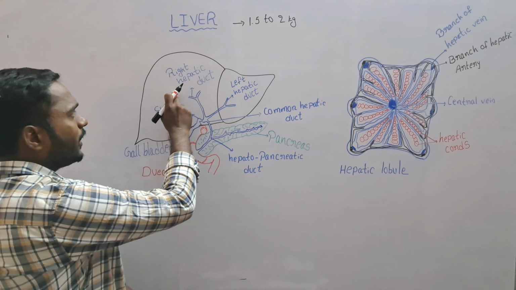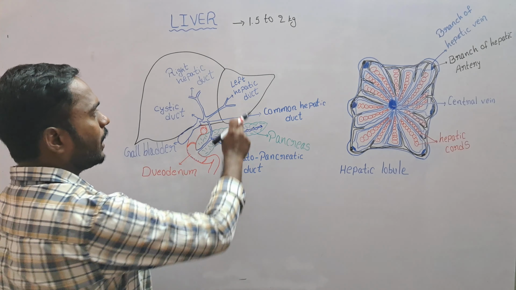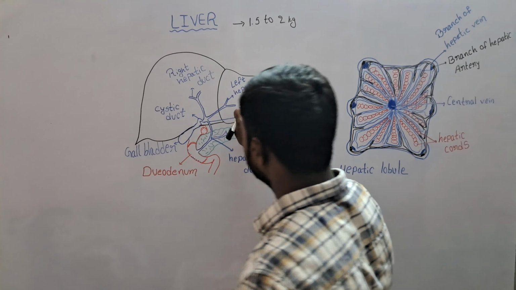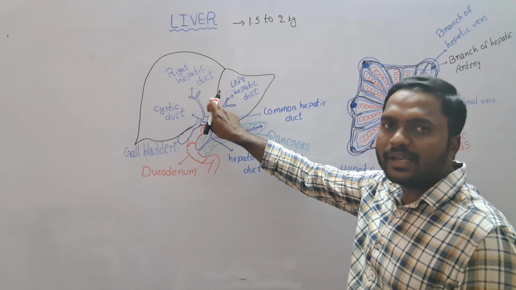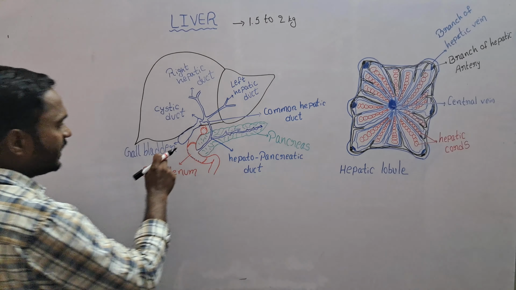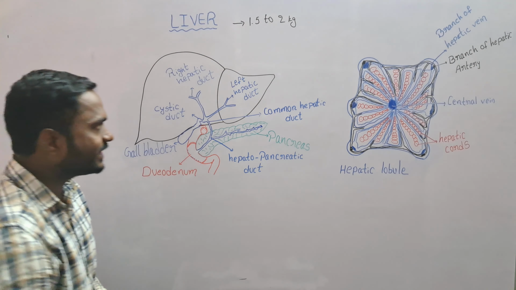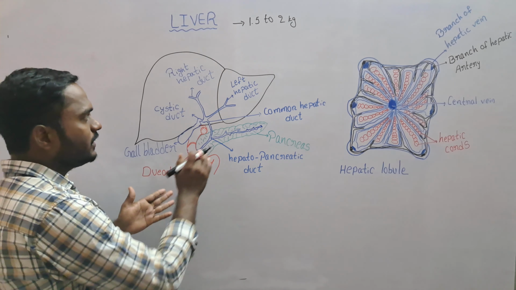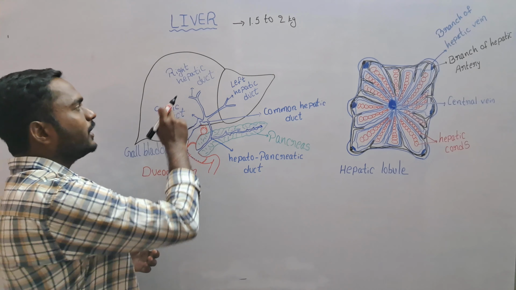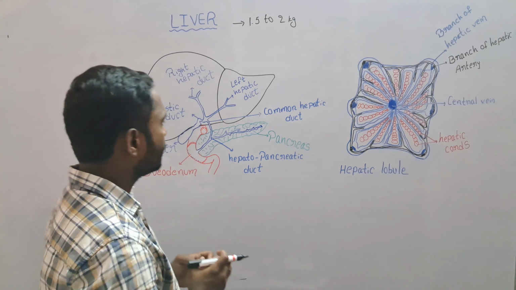Here, the right hepatic lobe is connected with the right hepatic duct, and the left hepatic lobe is connected with the left hepatic duct. The right and left hepatic ducts join the gallbladder through the cystic duct. In the liver, the left and right hepatic ducts carry bile juice.